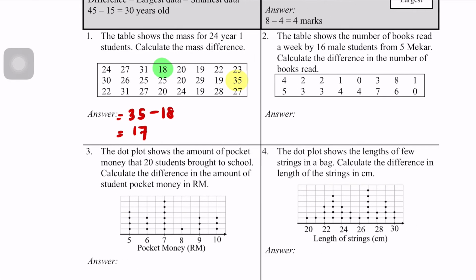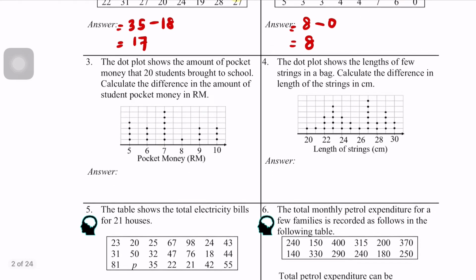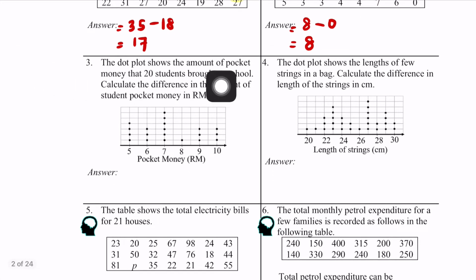Okay, so for number 2, the highest is 8 and the lowest is 0. So your answer is 8 minus 0 equals 8. For number 3, the dot plot shows the amount of pocket money that 20 students brought to school. Calculate the difference in the amount of student pocket money in RM.